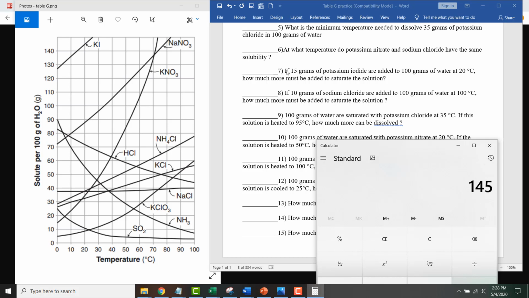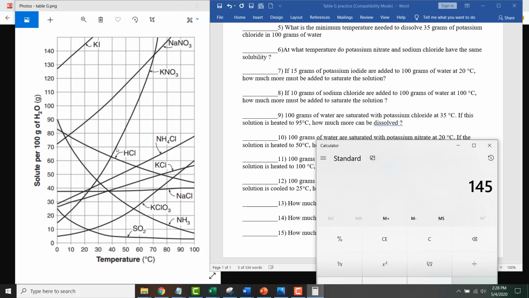It says if 15 grams are added, then how much more must be added to saturate the solution. So if we're down here at 15, I've added this much here, 15, I can go all the way up to 145. Sorry, we're on this line. If I've added 15, I can go all the way up to 145. How much more can I add?